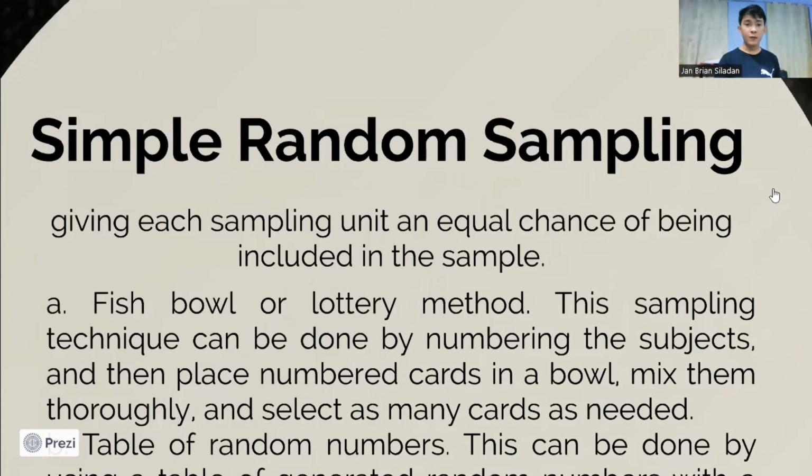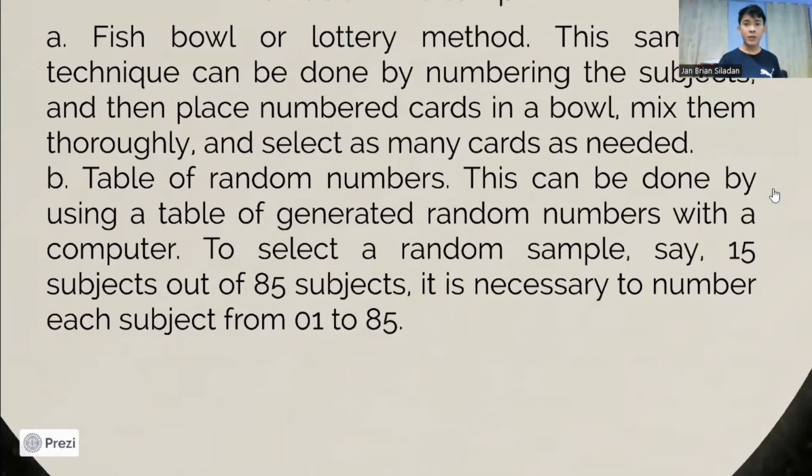The first is the fishbowl or lottery method. This sampling technique can be done by numbering the subjects and then placing numbered cards in a bowl, mixing them thoroughly, and selecting as many cards as needed. The second type of simple random sampling method is the table of random numbers.